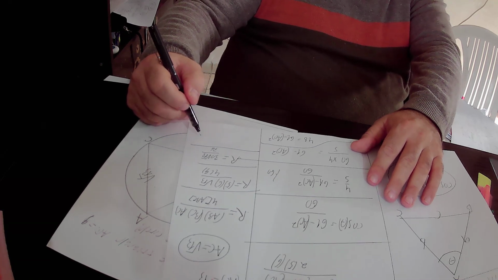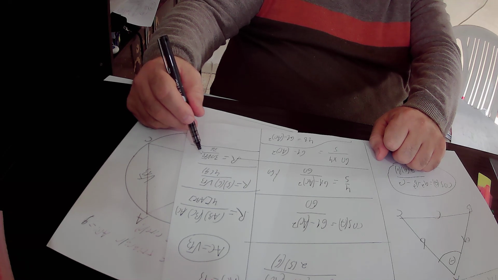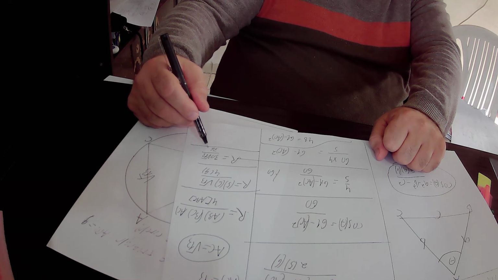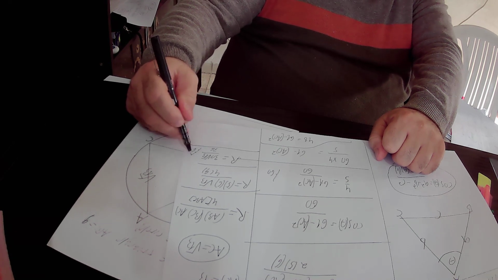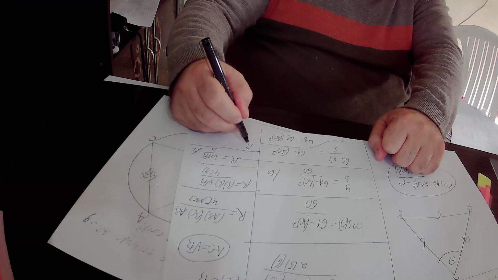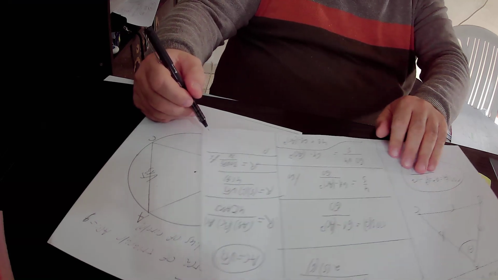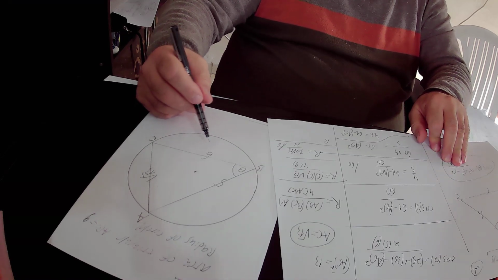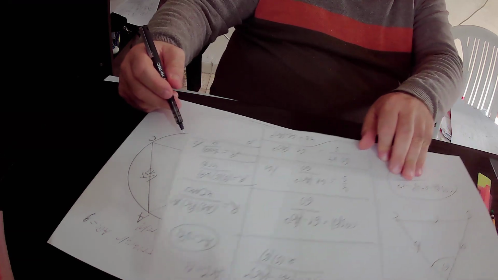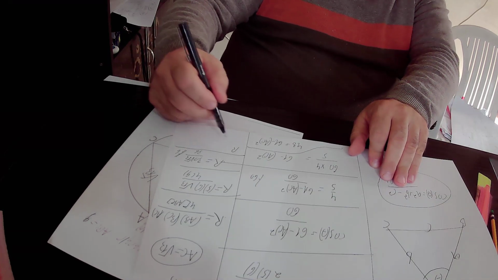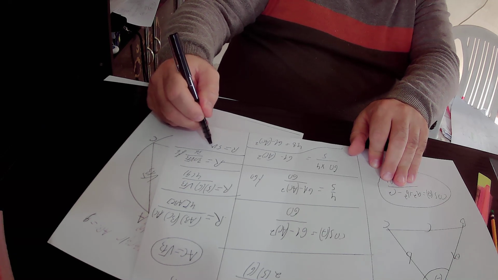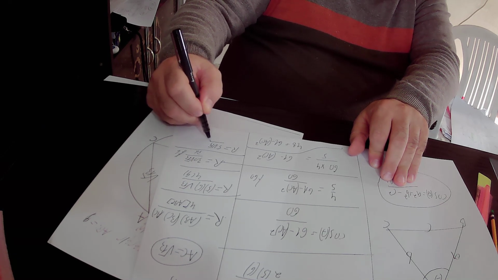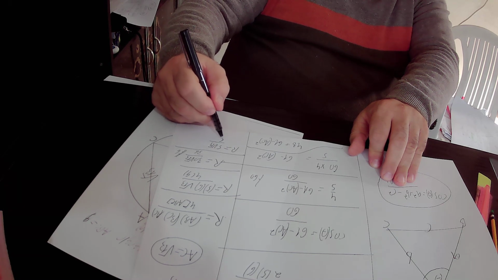Here we will divide both the numerator and the denominator by 6, and we get 30 over 6 is 5 times square root of 13 over 36 over 6 is 6.